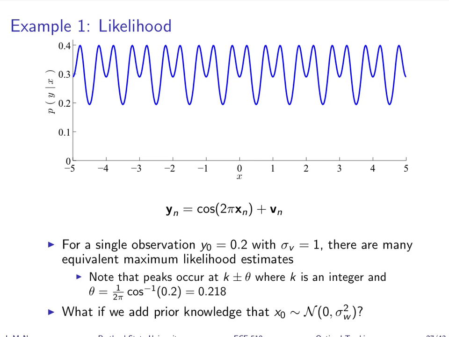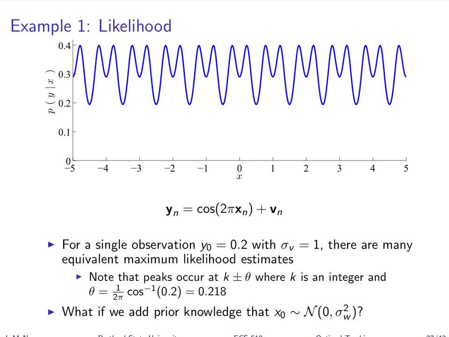And of course, if you were doing maximum likelihood estimation, you would be like, oh, shoot, I've got an infinite number of maxima that are of the same height. There's not a unique maximum to this likelihood. So if you're doing maximum likelihood estimation, you'd kind of be stuck. And that shouldn't be surprising.